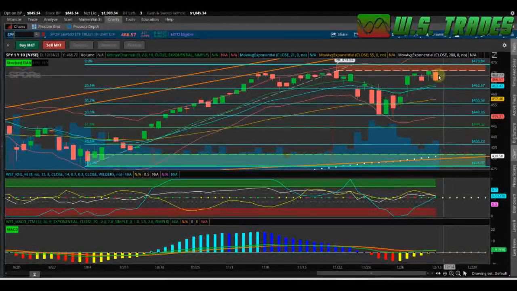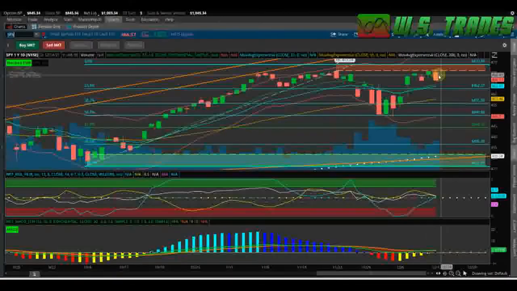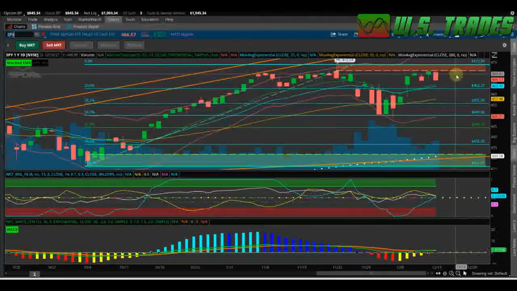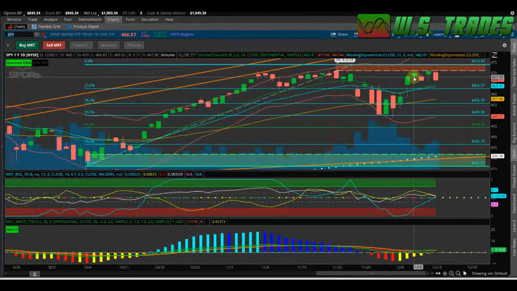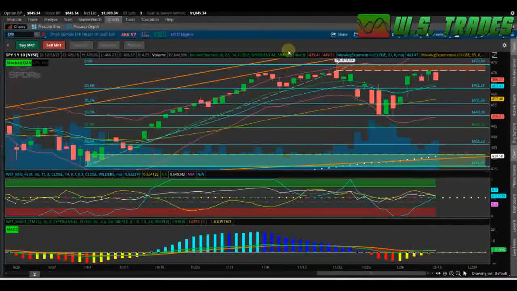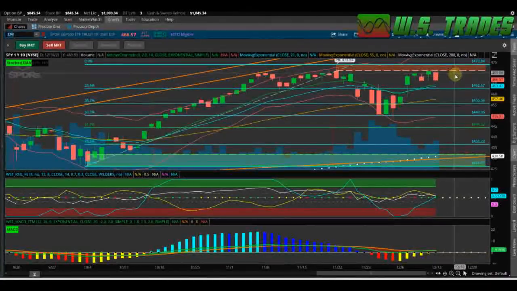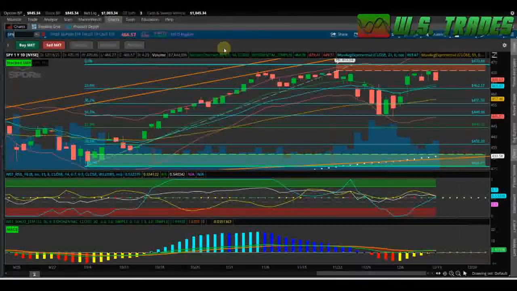All I'm hoping is that it still acts like resistance and SPY just kind of comes back down or chops around. That's why I like selling options as opposed to buying them, because I really don't care if SPY goes up a little bit or just chops around sideways for the rest of the week. I'll still go max profit on the trade. So that's one of the beautiful things about selling options.